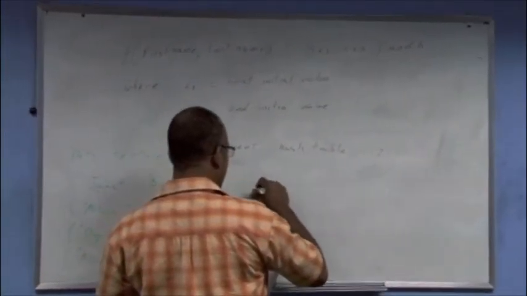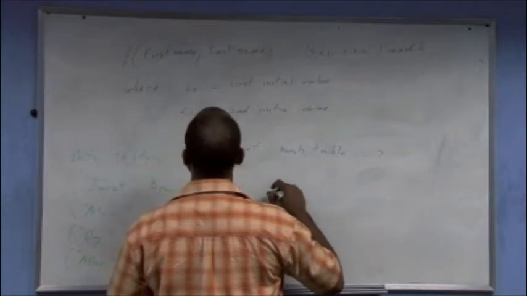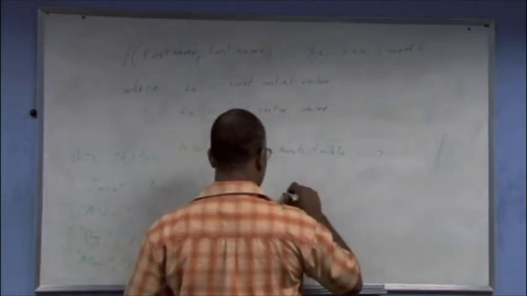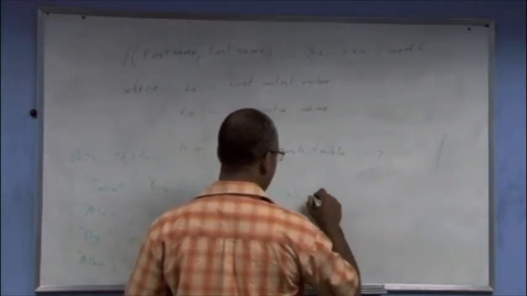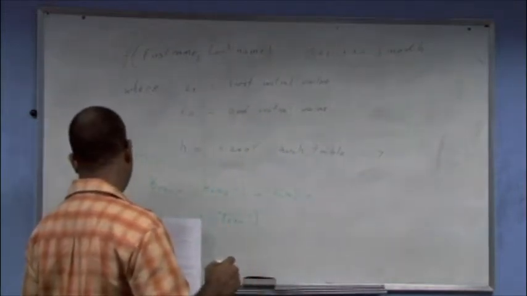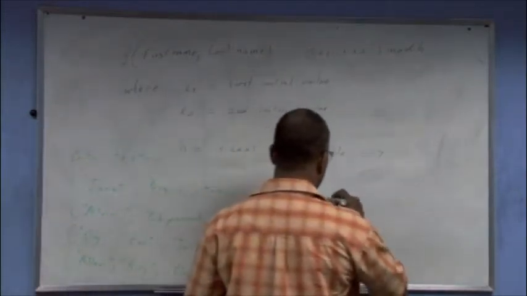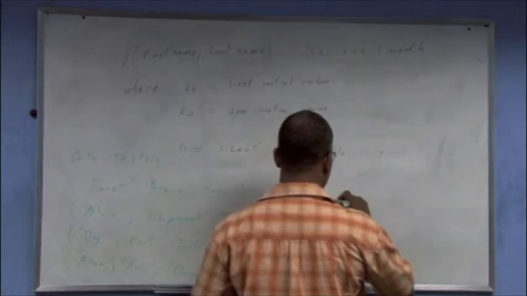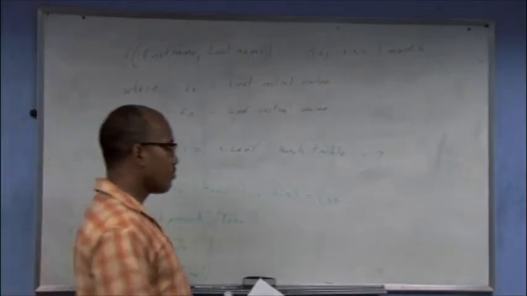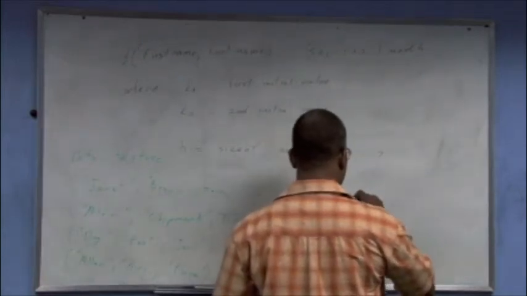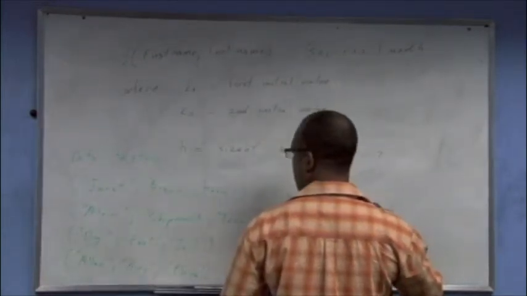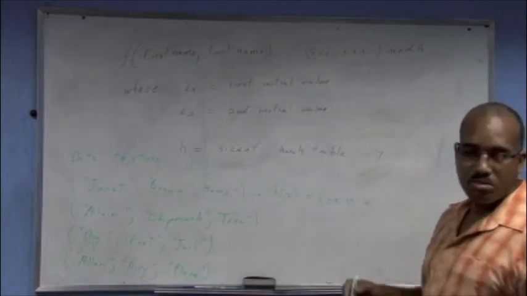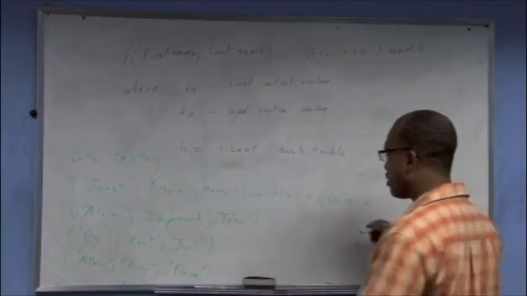So, the hash address would therefore be equal to 5 times J, the 10th letter in the alphabet, plus B, the second letter in the alphabet.